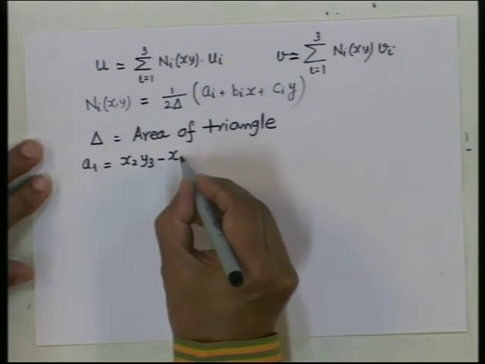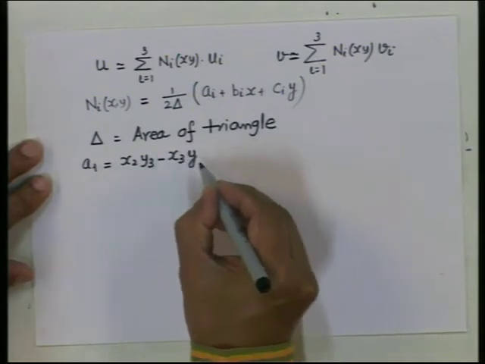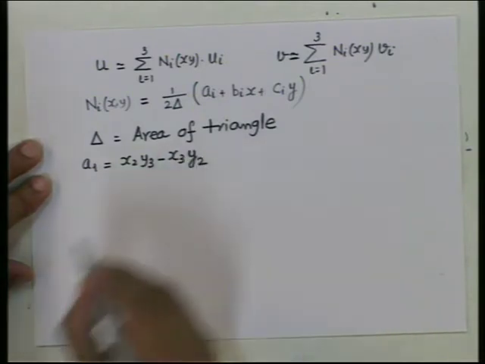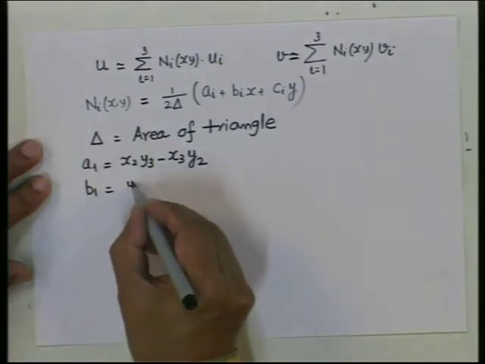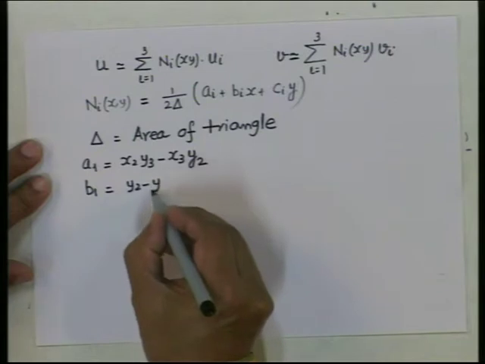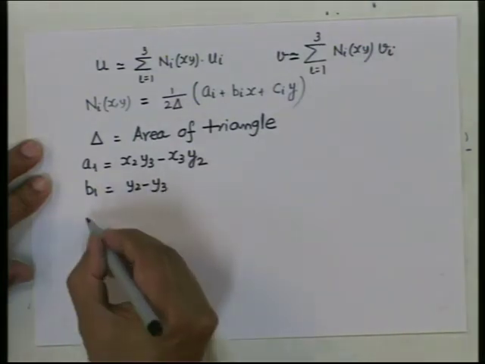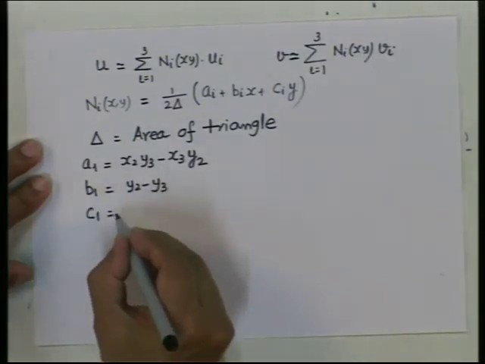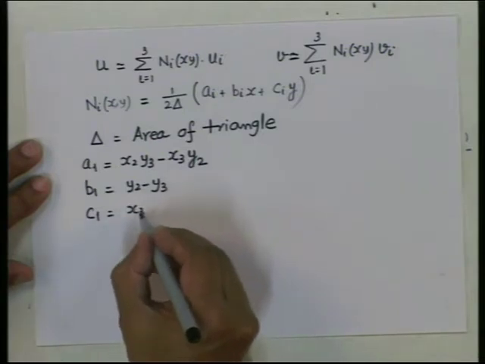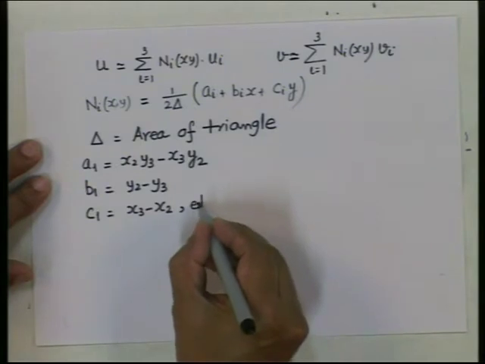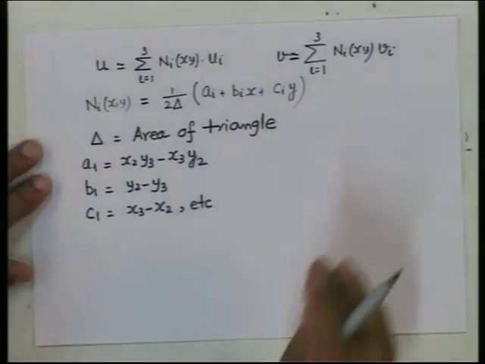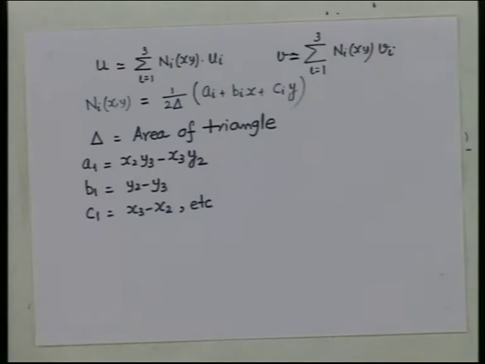I had given you this, but I am just giving it in a compact form. B1 is y2 minus y3, which I explained the other day, and C1 is x3 minus x2. So, A1, B1, C1 you have got; similarly A2, B2, C2.